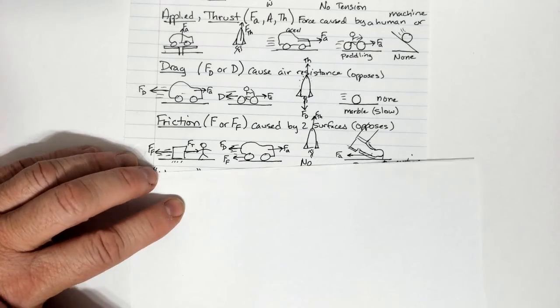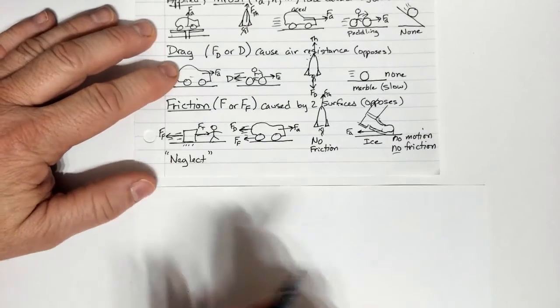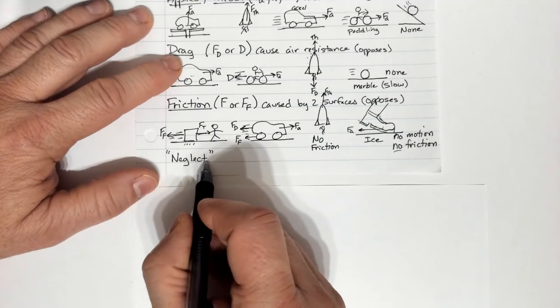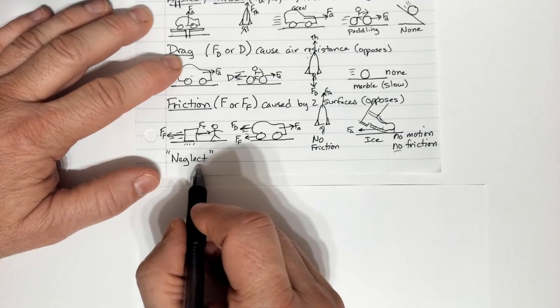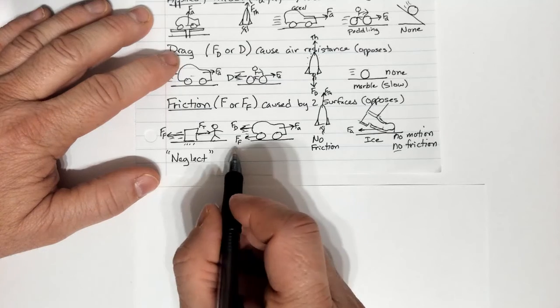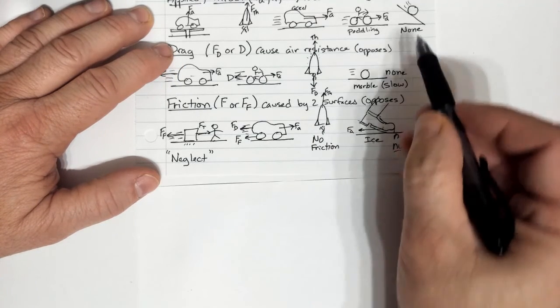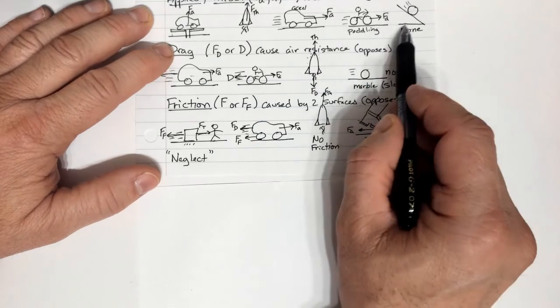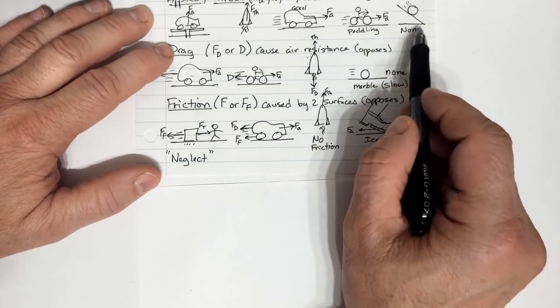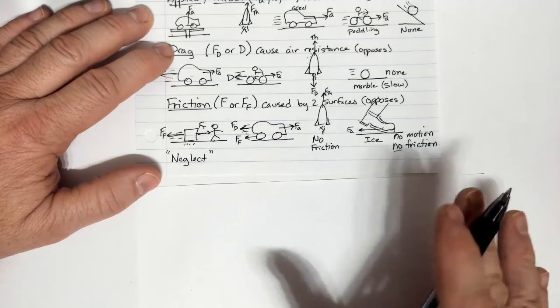Okay? The last thing I need to mention is the term neglect. If he says neglect friction or neglect air drag, that means in the situation we don't need to add its arrow. So if I have a marble rolling down and he said neglecting friction, it means it's not big enough to worry about or change the problem.